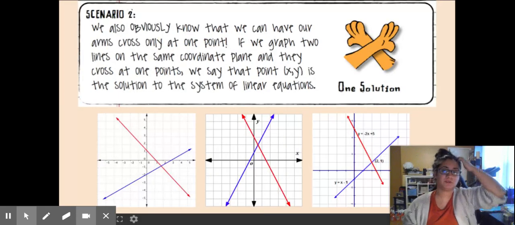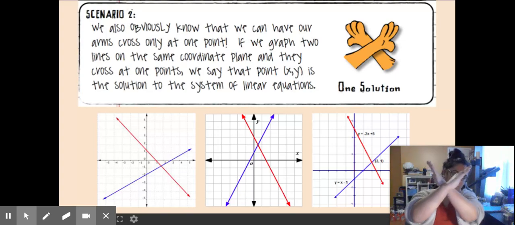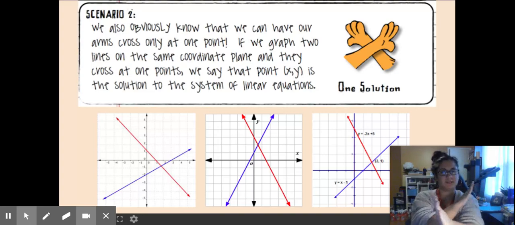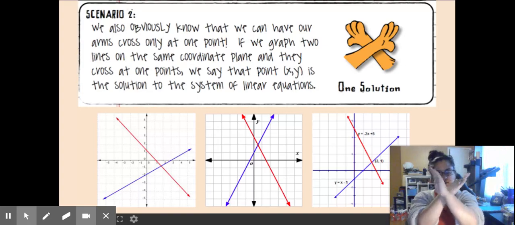Option number 2, obviously, is that your two lines can cross at some point, at some angle. It doesn't quite matter which. You've got some examples down there. Your two lines can cross at any one point. In this case, they cross at my wrists. So if I were to graph two lines on the same grid, on the same plane, they cross at one point.